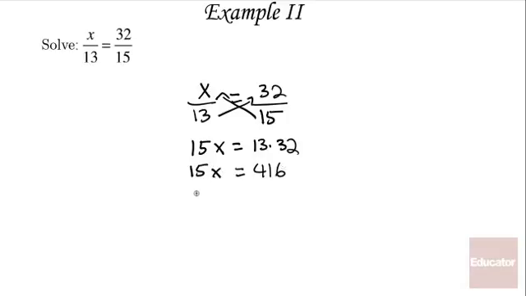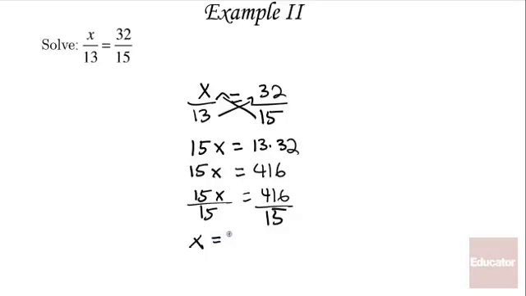Here, since I have 15 times x, I'm going to apply the multiplication principle and multiply by 1 over 15, or divide by 15. Same thing. Always doing the same operation on both sides so that the equation holds up.